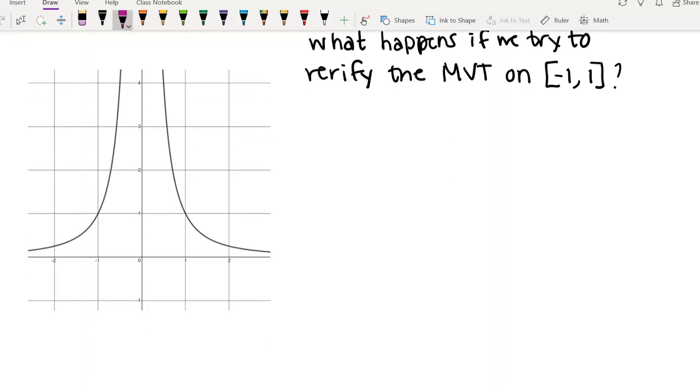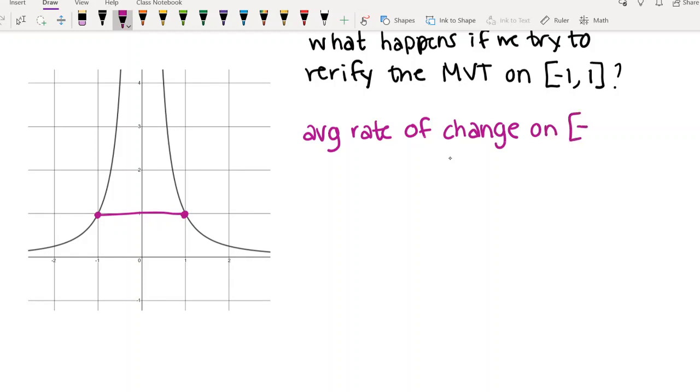Okay, so the average rate of change between -1 and 1, we really don't have to do much work here to see that that's 0, right? But let's still write that out. The average rate of change on the interval from -1 to 1 would be h of 1 minus h of -1 over 1 minus -1.